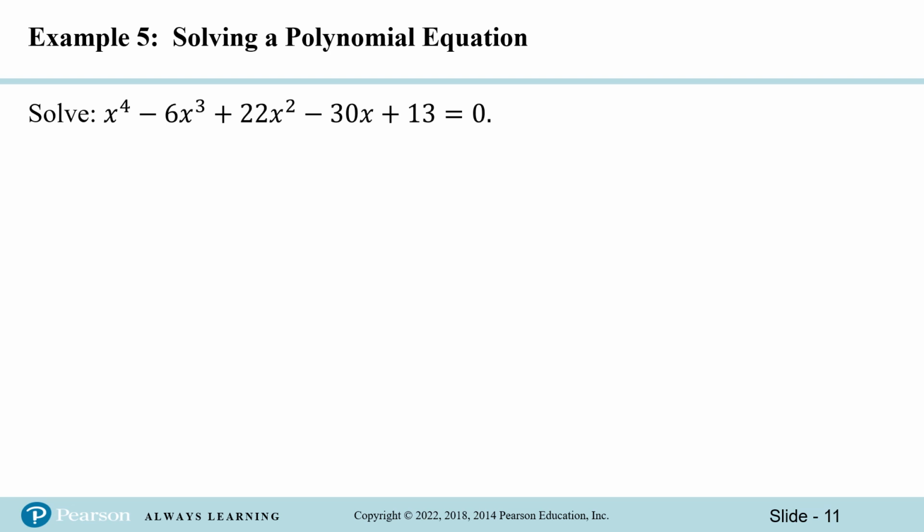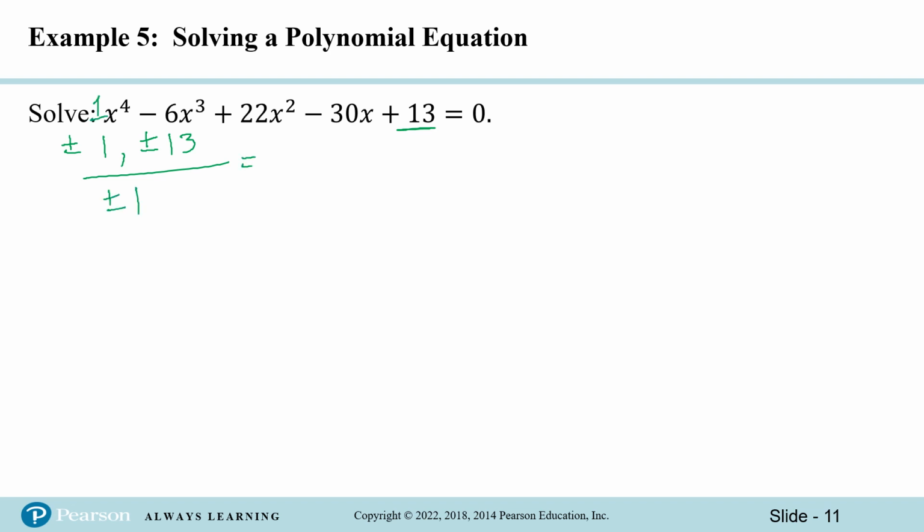All right, solve. First thing we have to do is figure out the possible roots. Check the possible roots and see if one of them is an actual root. Okay, so let's start there. So we have plus or minus factors of 13 over plus or minus factors of 1.